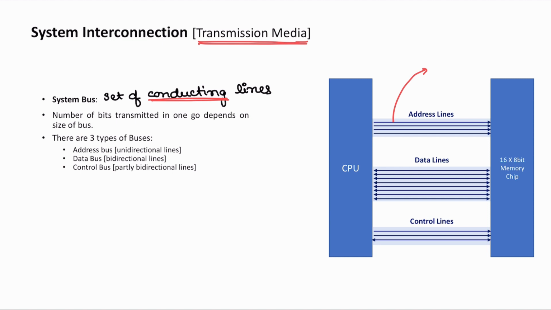Now we want this conducting line to transmit some information, and that information will be either 0 or 1.